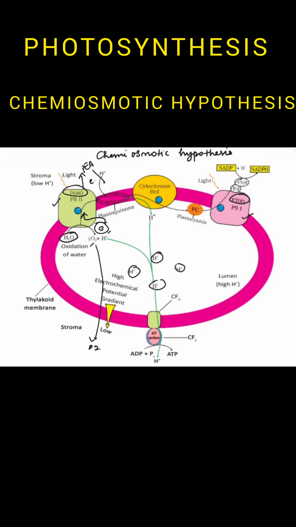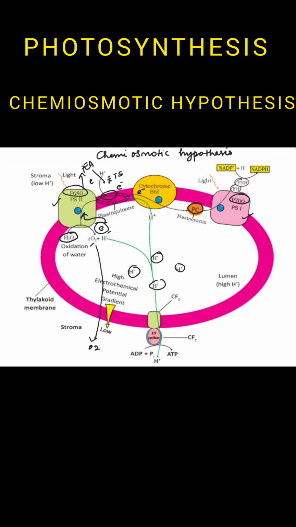From the pheophytin, the electron is carried to the electron transport chain, where it is first absorbed by plastoquinone and then moves towards cytochrome b6. The cytochrome b6 passes the electron from plastoquinone to plastocyanin.